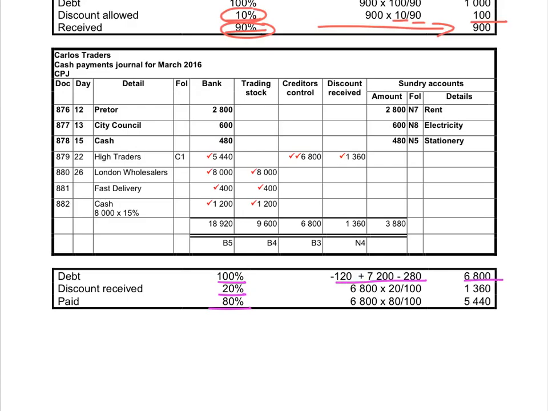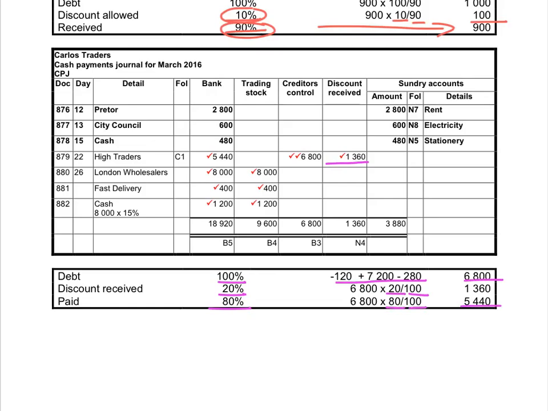If we want to see what is the discount, the one that we want, 20, divided by the percentage that we know, 100, and that will give me 1360. So I can indicate that the discount received is 1360. If we want to calculate the amount paid, we take the 6,800 debt times 80, the percentage that we want, over the percentage that we know, 100, and that will give me 5440.